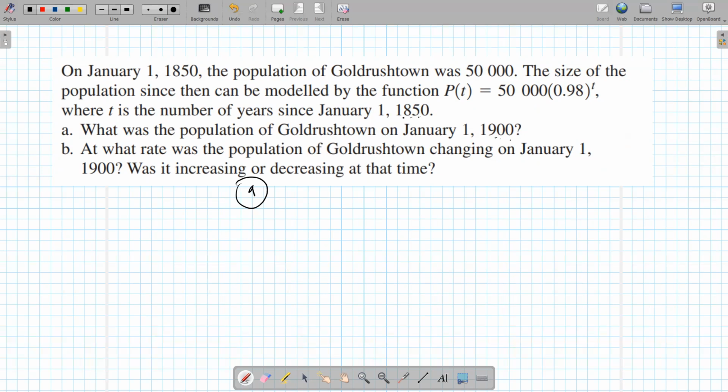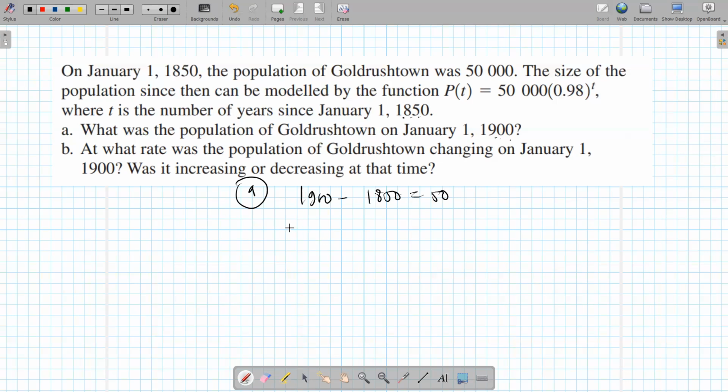Try again. 1850 to 1900. 1,100. No, I think you're overthinking it. It's 50. Oh, 1900 minus 1850 is 50.